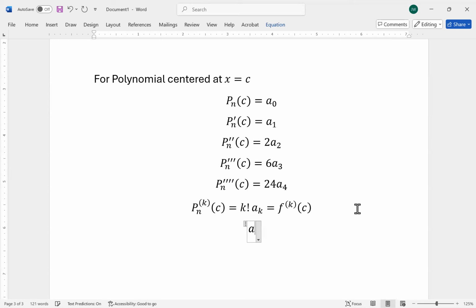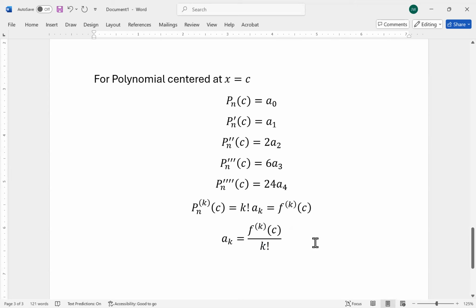In order to find the coefficient a sub k, all I have to do is create a fraction: the kth derivative, plug in c, and divide by k factorial.